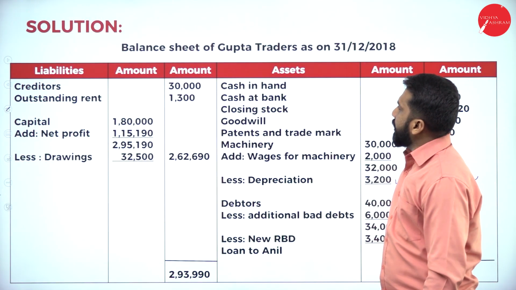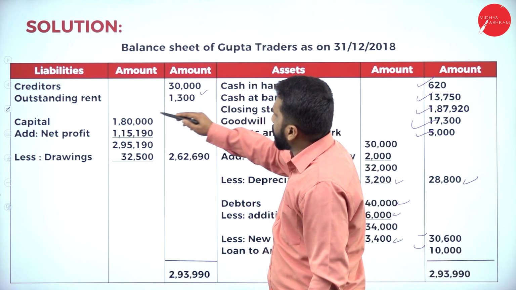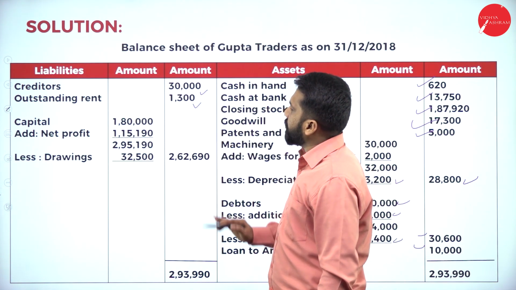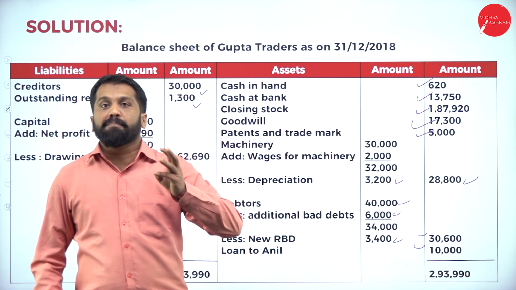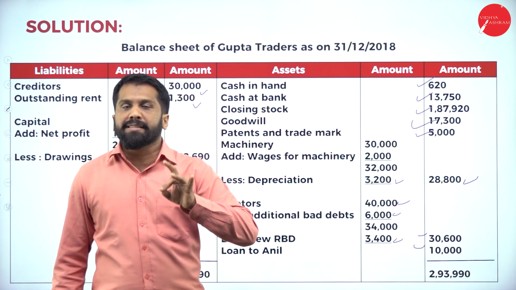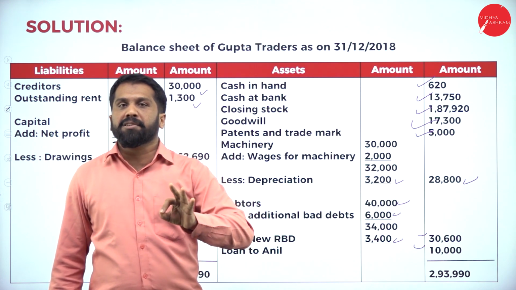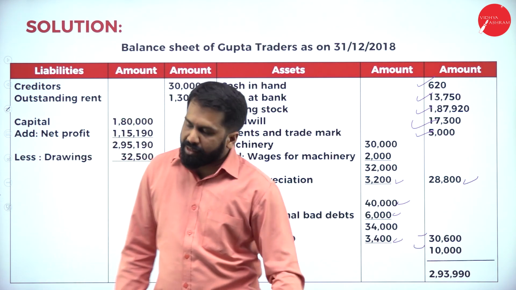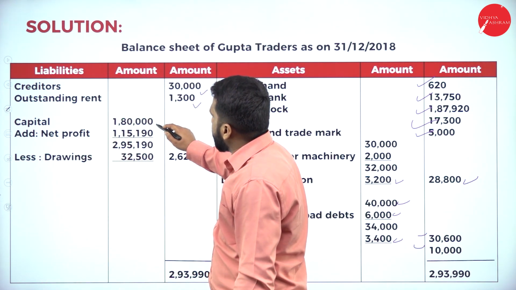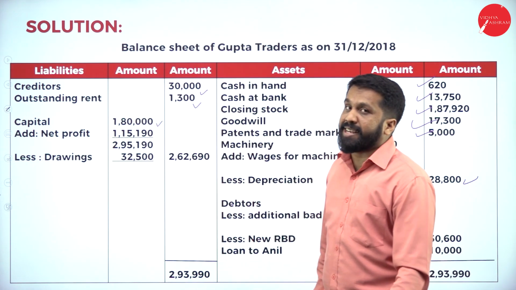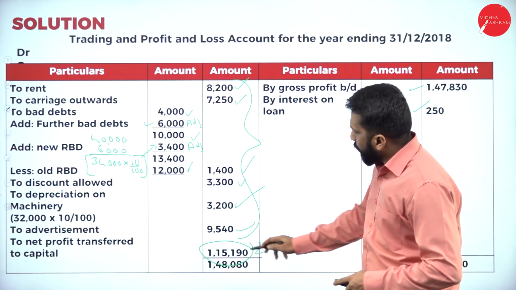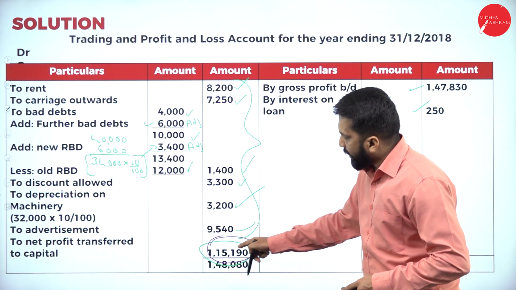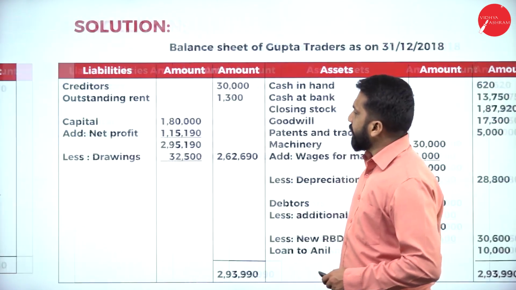In the liability side, we have creditors, copy paste, outstanding rent, copy paste. Now, I'll give you the format: capital plus net profit minus drawings minus interest on drawings. Now, in this, capital is 1,80,000. It is there in the question. Now, net profit means your final answer 1,15,190.